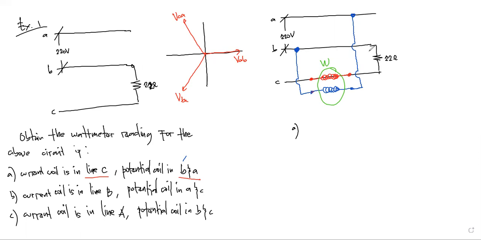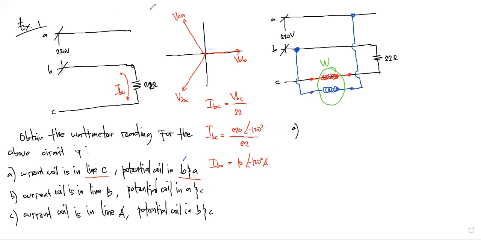Assuming we have a current IBC, we can calculate it as VBC divided by 22. VBC is situated at 220 angle negative 120, divided by 22, so IBC is equivalent to 10 angle negative 120 amperes.